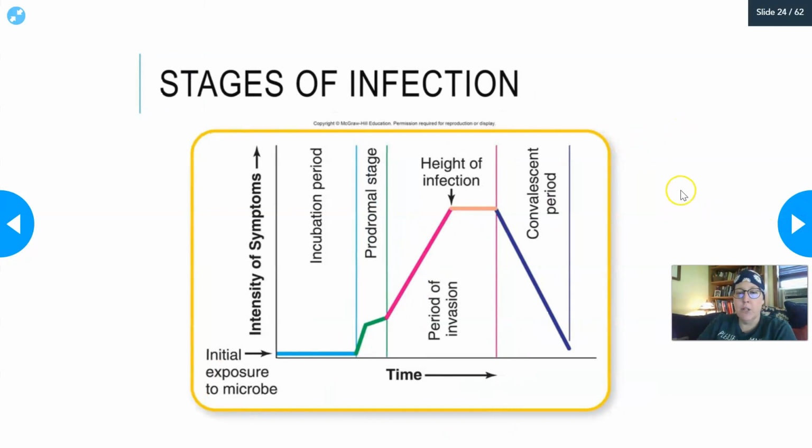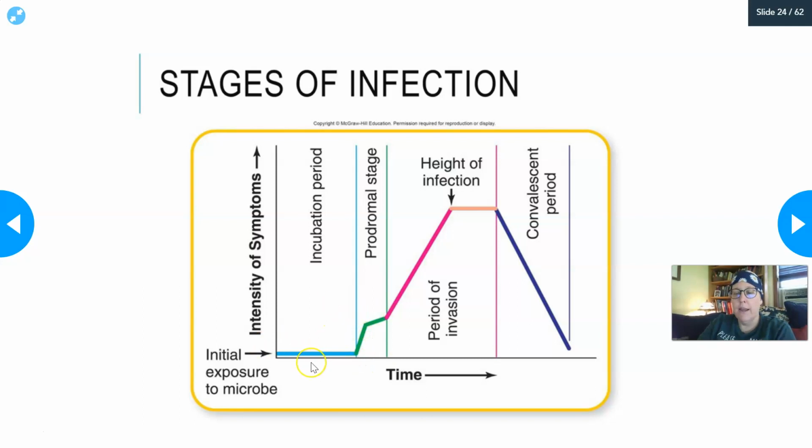Okay, let's talk about the stages of infections. So every organism has an incubation period, and the incubation period is the time it takes between the time you were exposed to the time you start getting some of the first symptoms.